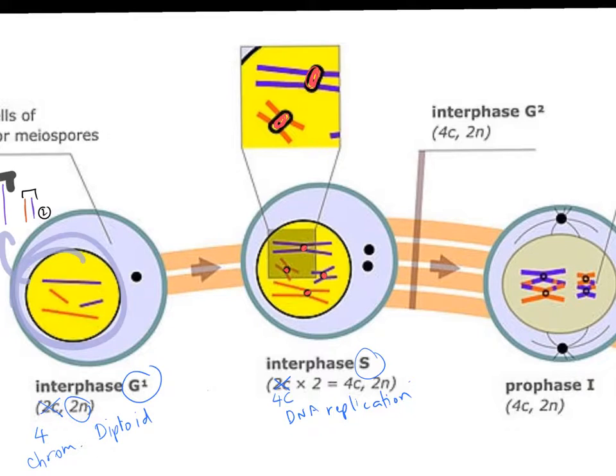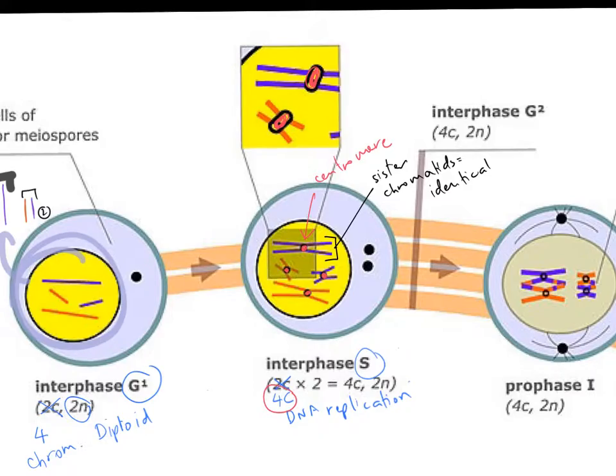When you duplicate, you're making sister chromatids, because they're identical. That's why they're joined at the centromere. If there's a centromere, you count the number of centromeres, so there are still 4 chromosomes. The chromosome number hasn't changed, even though you've duplicated.